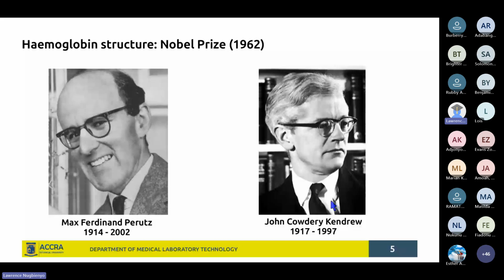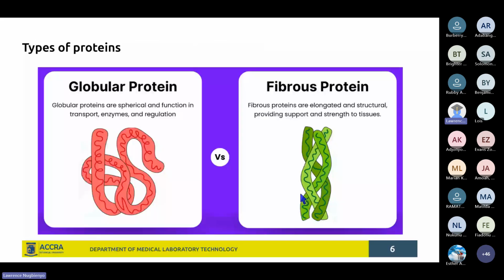Now, before we continue, I'd like you to bring your mind to the fact that you can categorize proteins into two major classes. That is globular proteins and fibrous proteins.